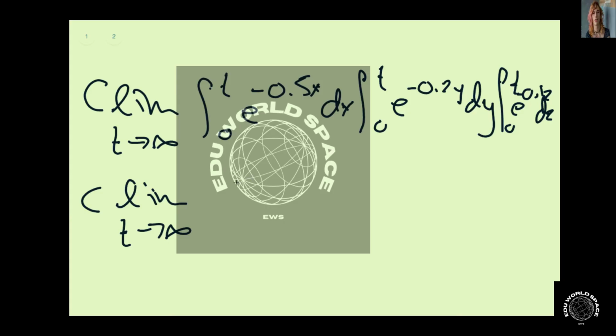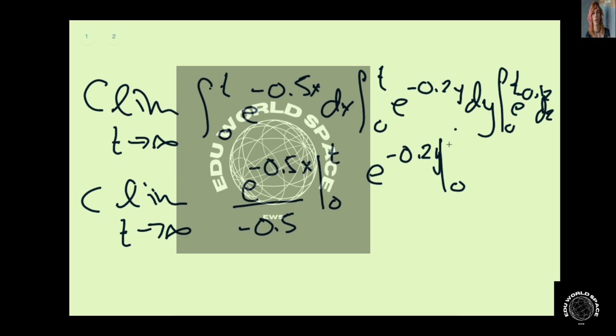Okay, so we're going to get e to the negative 0.05x from 0 to t over negative 0.05, and then e to the negative 0.02y from 0 to t over negative 0.02.